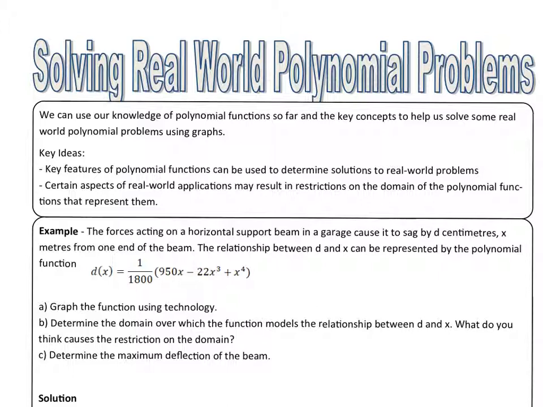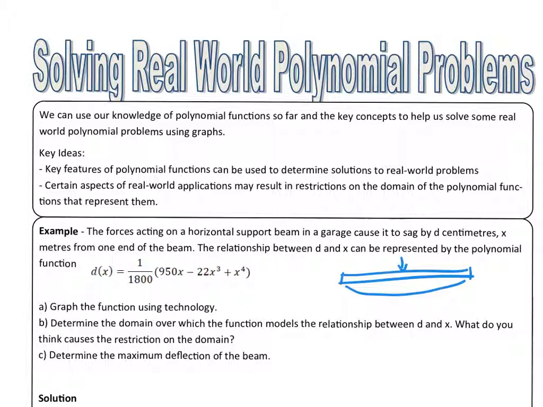So in this example, forces acting on a horizontal support beam in a garage cause it to sag by d centimeters, x meters from one end of the beam. So it means that we're going to have a beam and it's going to cause it to go down, which is going to make it sag a little.